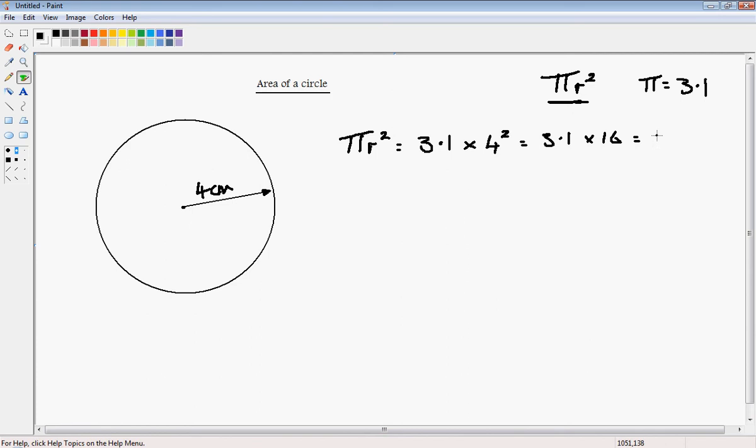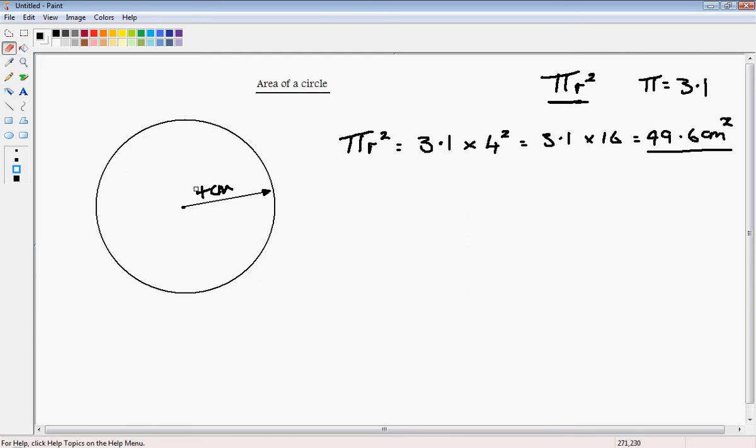So this gives me 49.6. Now the units are centimeters and it's area, so it's always squared. Okay, so the area of this circle is 49.6 centimeters squared.